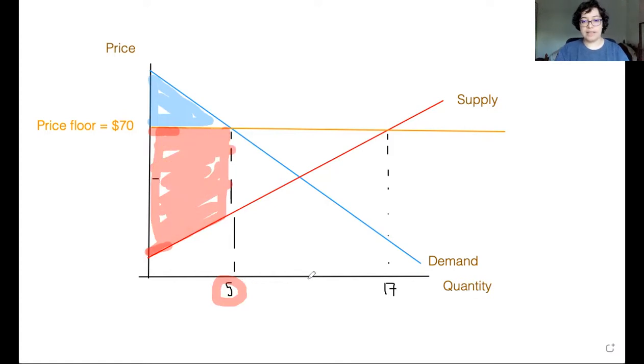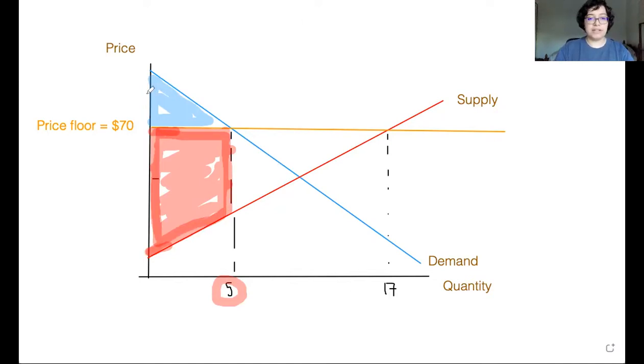Because they're not selling any of these other units, they are not going to be able to benefit from it, and so that is not going to be included in their surplus. The surplus is going to be just this trapezoid right here, and that's going to be the area that we're going to calculate for our producer surplus.